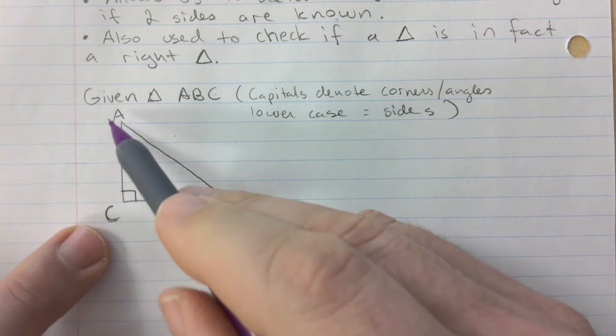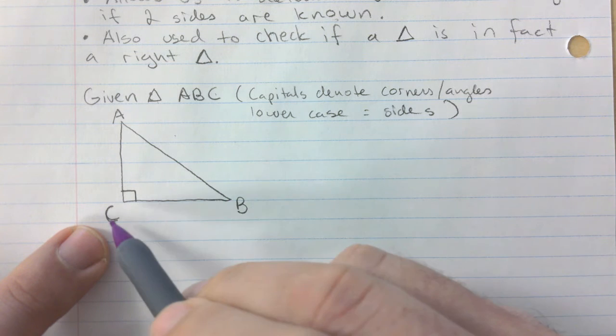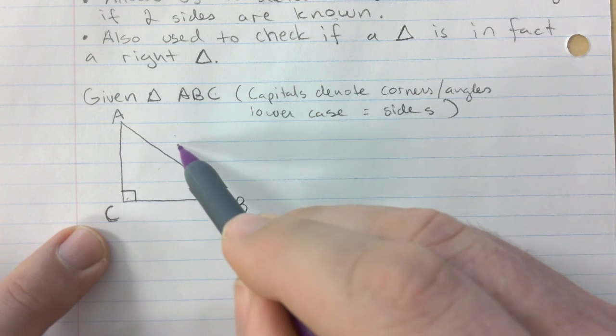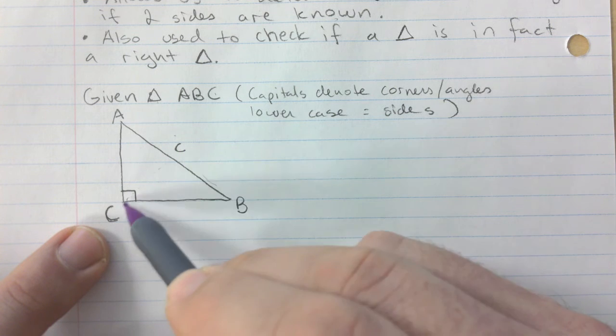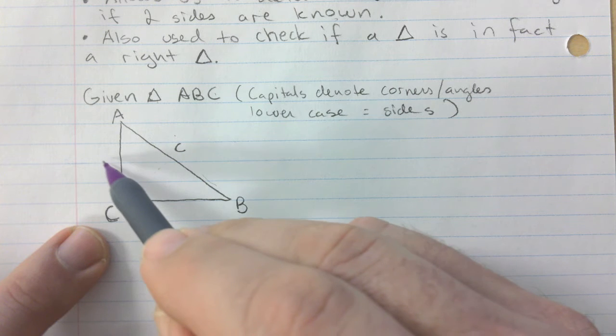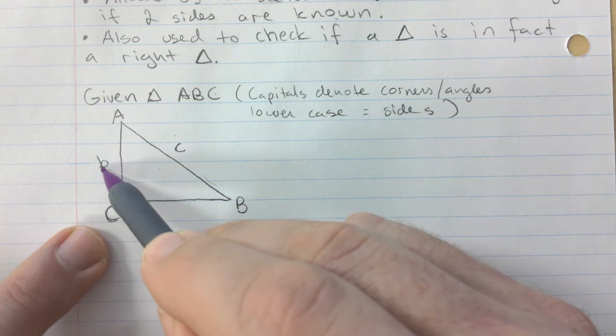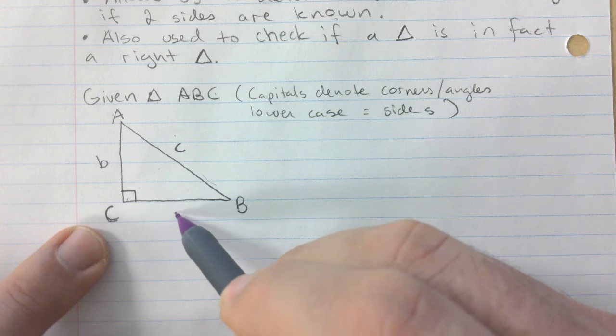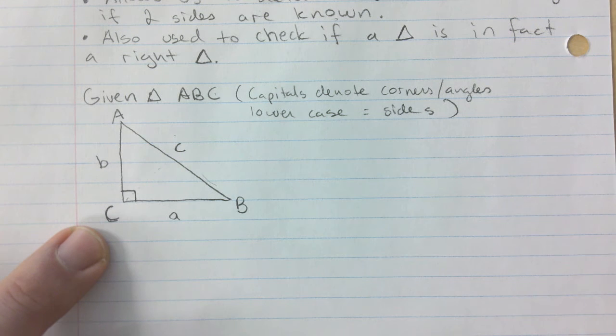So if this is called triangle ABC, across from C, this side length here is going to be lowercase c normally. Across from angle B is called lowercase b, and across from capital A is lowercase a. Okay.